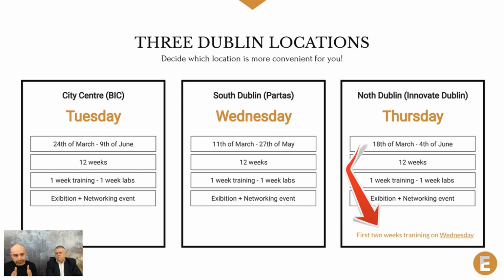So the course is delivered in city center in Dublin BIC on a Tuesday, starting the 24th of March and ending the 9th of June. The same course is delivered in South Dublin, in Partas, in Main Road, every Wednesday between the 11th of March and the 27th of May. And we have another location in North Dublin, in Innovate Dublin, on a Thursday, from the 18th of March to the 4th of June.